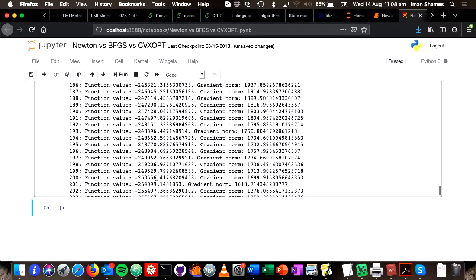Now let's try to compare stuff. Again, you can do these things a bit more precisely, but here I really wanted to have a feel about all this, what convergence means, what per iteration complexity means, etc. Okay.